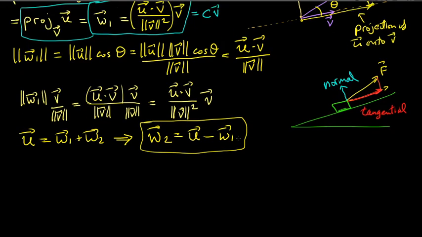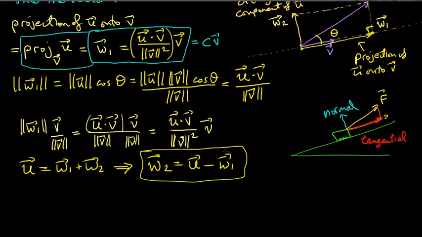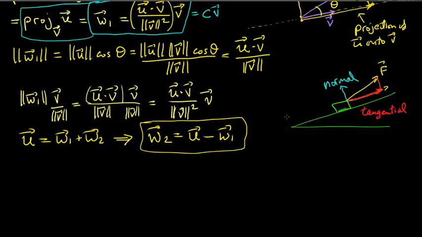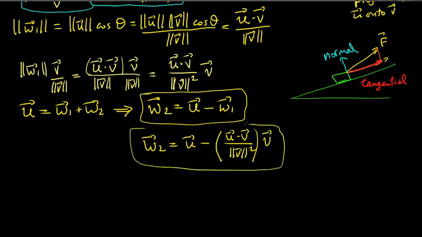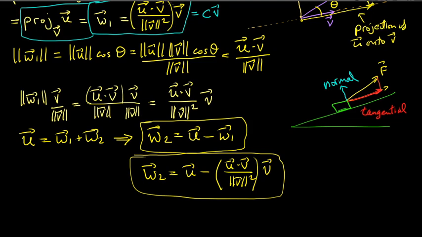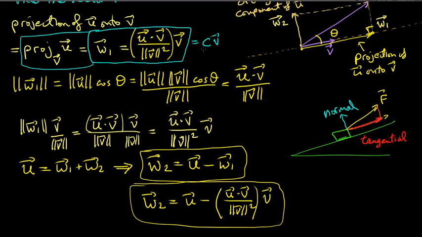Okay, and if you want to write this out as a formula, in other words, if you don't want to calculate W1 first, well, then you can say that W2 is just the vector U minus W1, which of course is U dot V divided by the magnitude of V squared times V itself. So that's the full formula I wrote out by writing out what W1 was from up here.